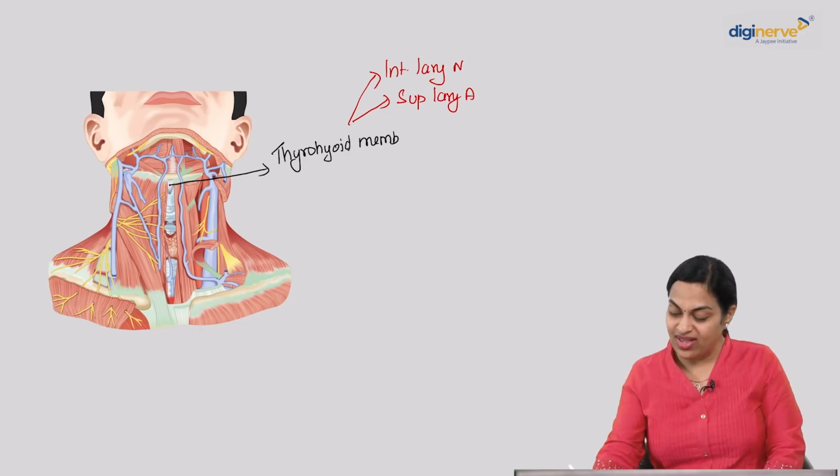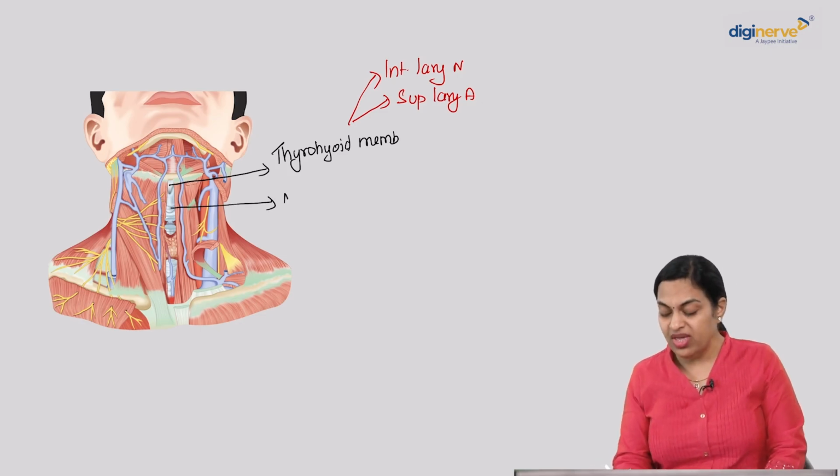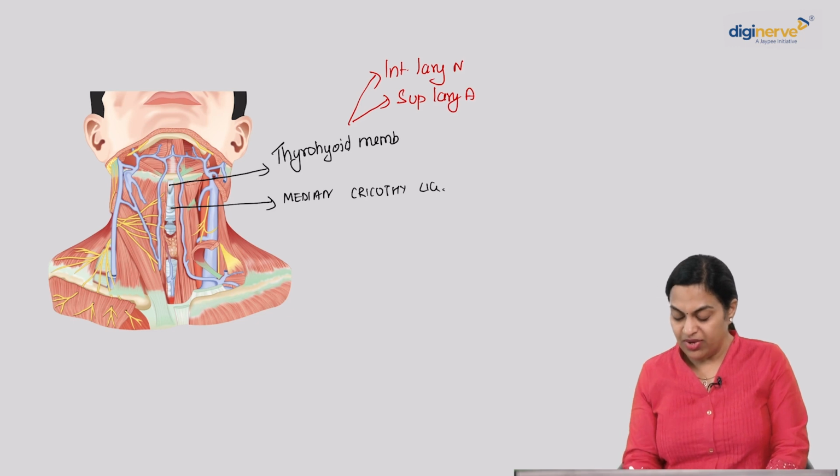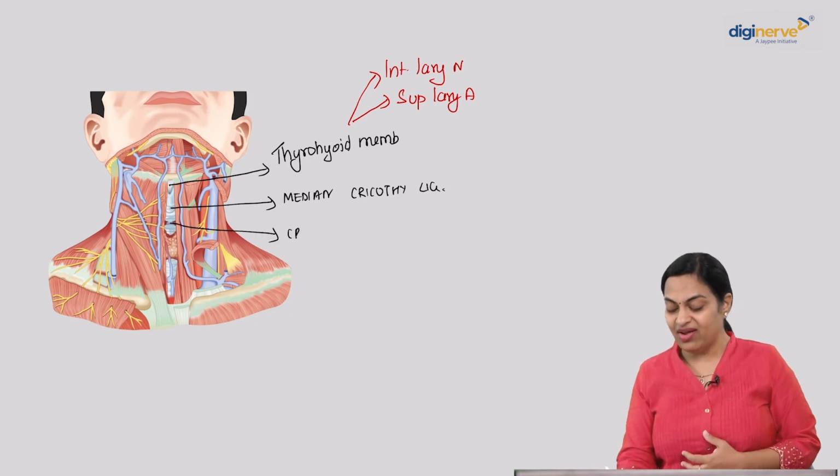Okay, and then we have this part between the cricoid below and the thyroid above, the median cricothyroid ligament. And this one between the cricoid above and the trachea, we have the cricotracheal membrane.